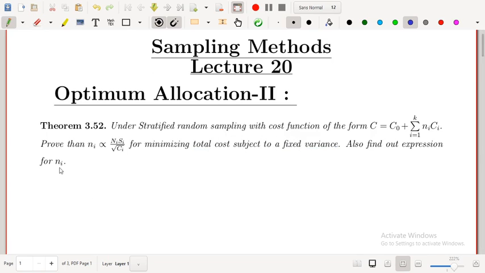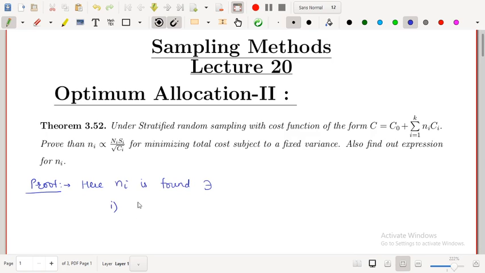So, proof of this theorem. Here Ni is found such that, how to find Ni? There are two conditions. We have to minimize the total cost.